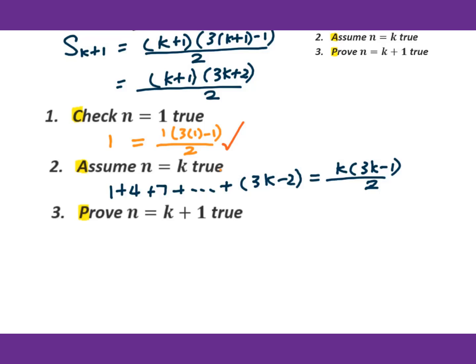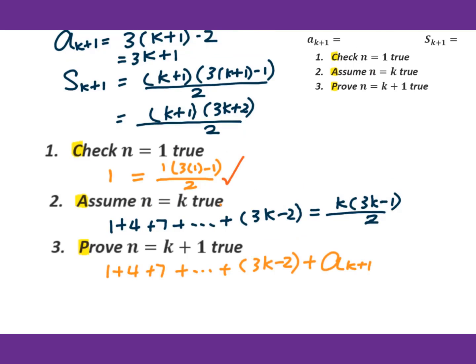Step 3, prove n equals k plus 1 true. Therefore, we get 1 plus 4 plus 7 plus ... 3k minus 2, then plus a sub k plus 1. You could say using this, just add a sub k plus 1. Then next step, just a plug-in game.